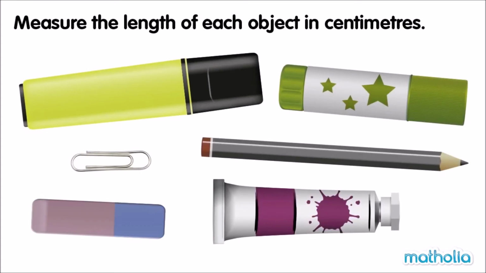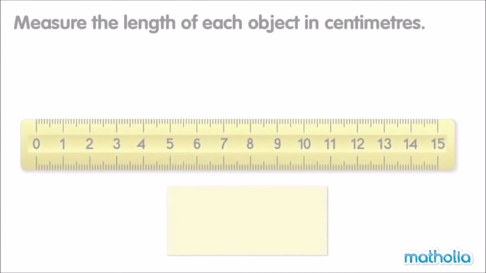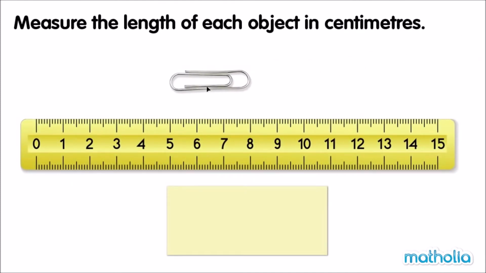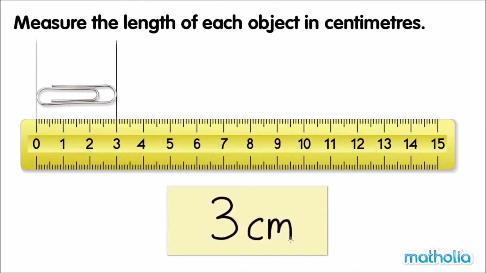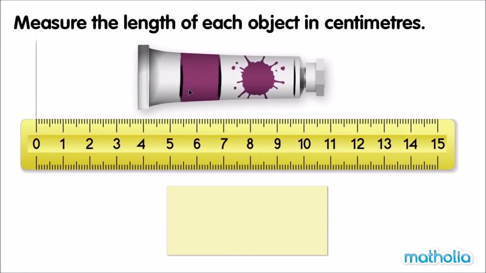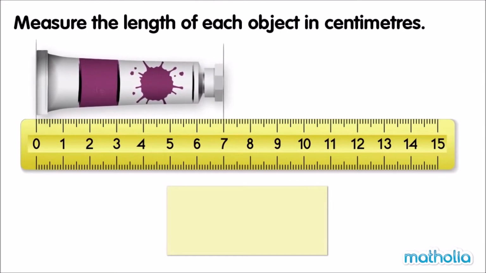Measure the length of each object in centimeters. Let's measure the length of the paperclip. Align one end of the paperclip to the 0 mark on the ruler. The paperclip is 3 centimeters long. The paint is 7 centimeters long.